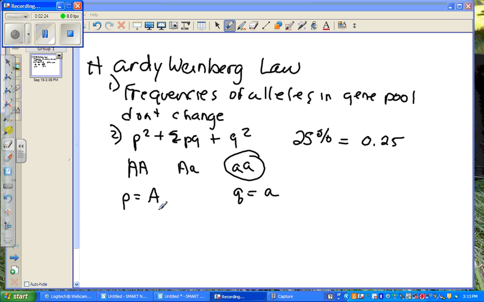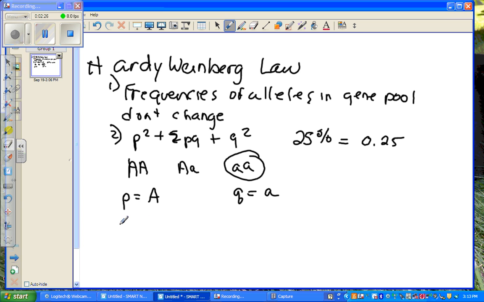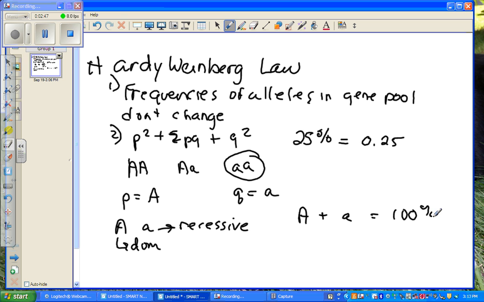When we're looking at just two versions of a gene, big A and little a, the dominant and the recessive, for any particular gene, they're going to be the only copies of that gene present in the population. So if we add together big A and little a, they're going to equal 100% of the alleles for that particular gene in the population.